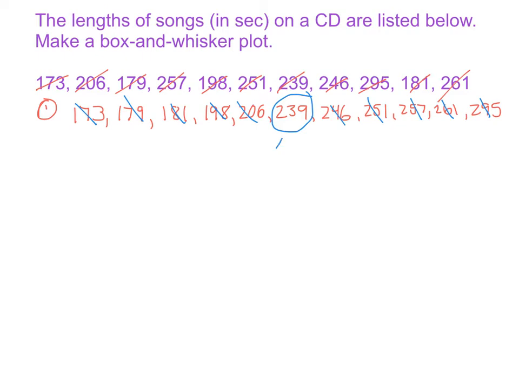Now, something important: if this was an even number of data, the median would be between 2 numbers, and you'd use those numbers from the data set to find the other information. Because this is an odd data set, the median is one number, and I'm not going to use it again.